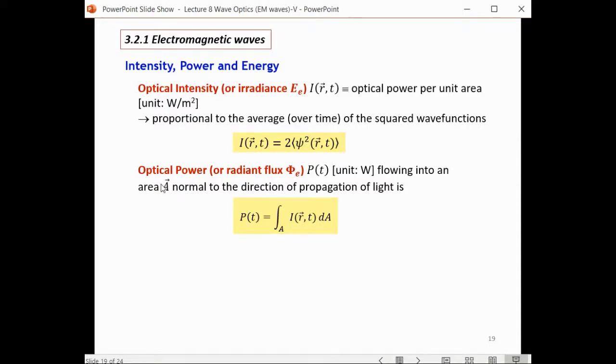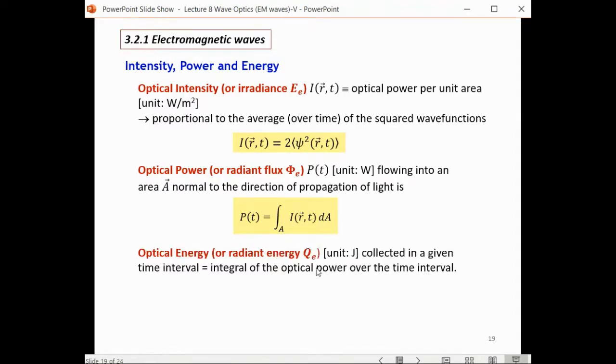And the optical power, or what we call radiant flux, flowing into an area A that is normal to the direction of propagation of light, will be given as the integral of the irradiance over the cross-sectional area. The optical energy, which we call the radiant energy, collected within a given time interval, would be the integral of the optical power over the time interval specified.